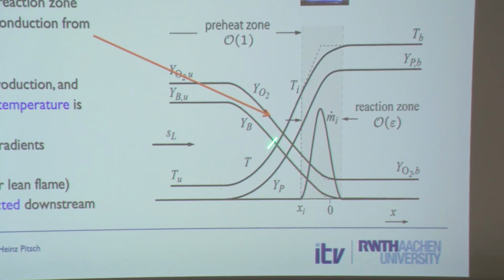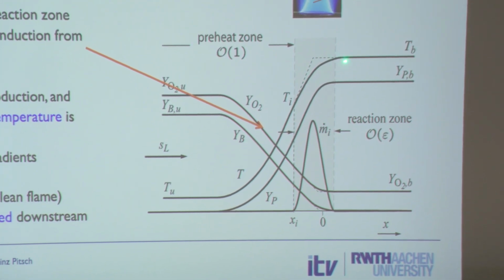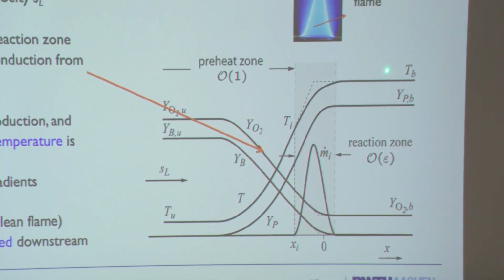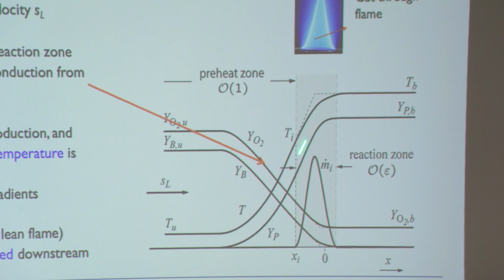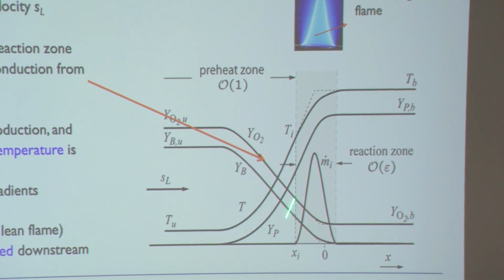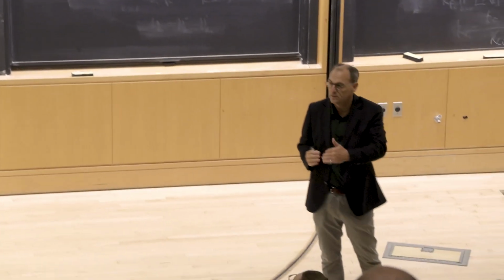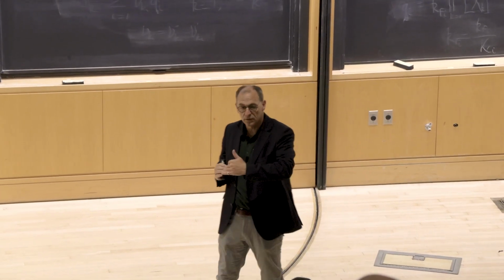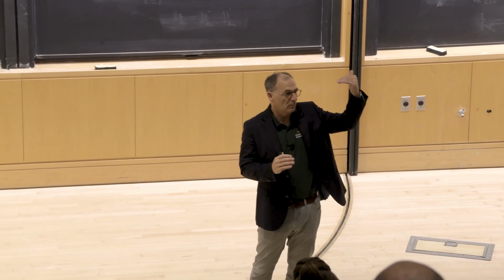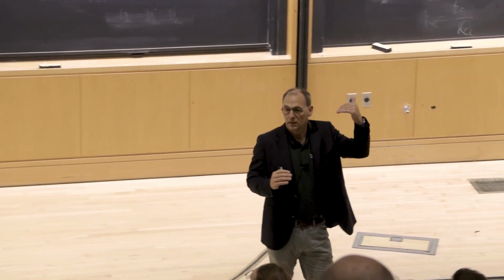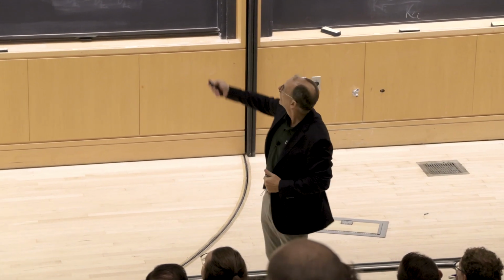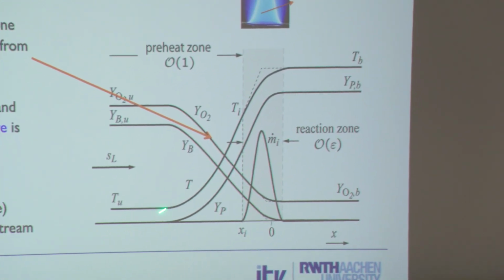And then at the same time, the temperature is very high here, very low here, which means I also get a temperature gradient. With a temperature gradient, you get a flux, you get heat conduction, or I could also call it a diffusion of thermal energy. So this will preheat the flow.